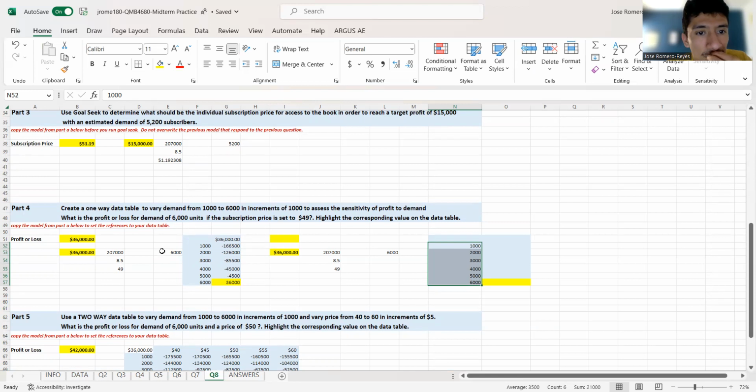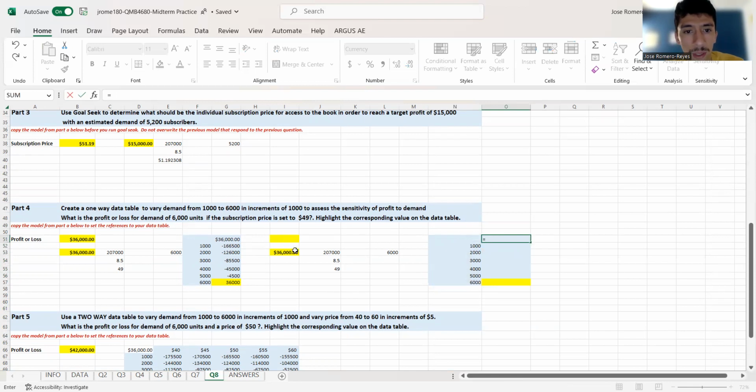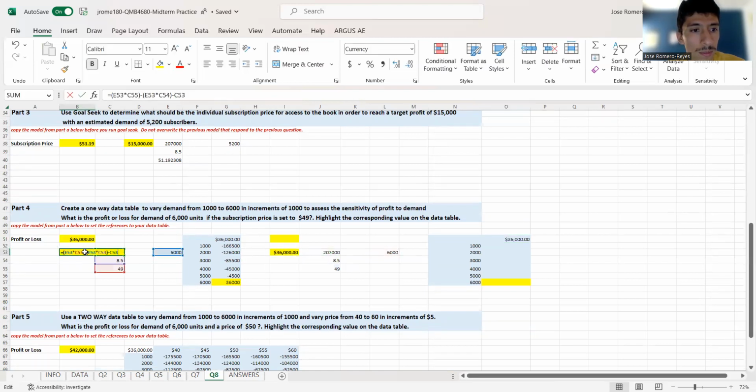We were looking for what is the profit or loss for the demand of units if the price is 49 and there are 6,000 units. So again, we're looking for the profit or loss. So we're going to go over here and press 36,000. That's what we're looking for.